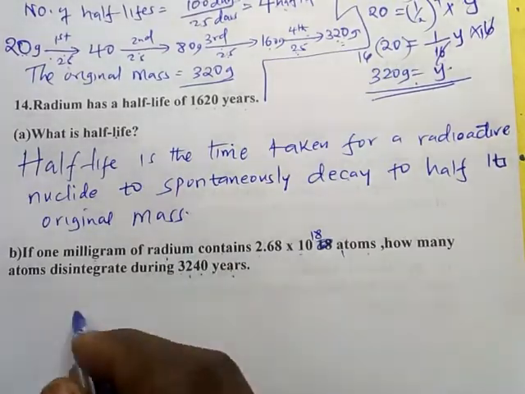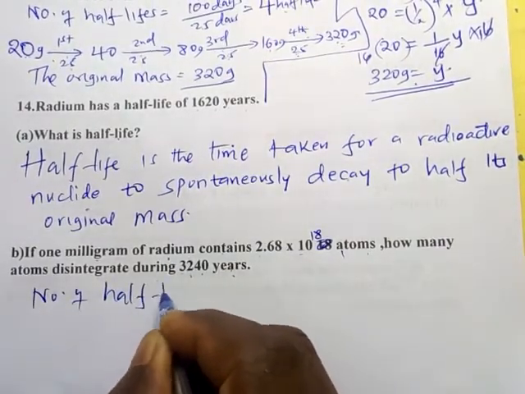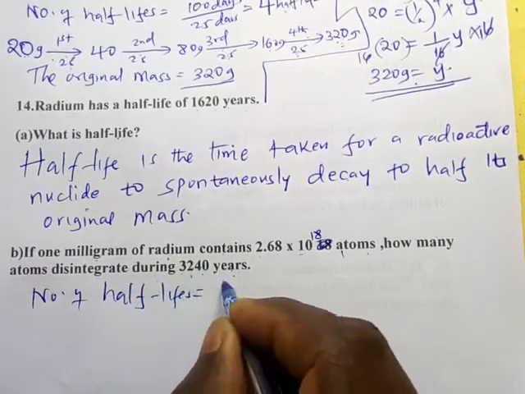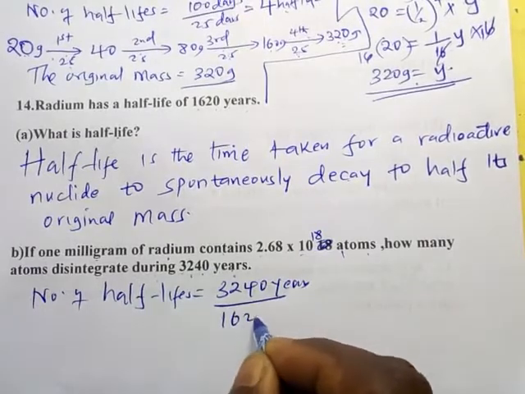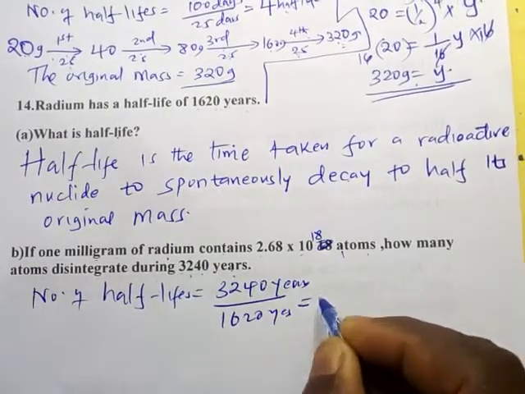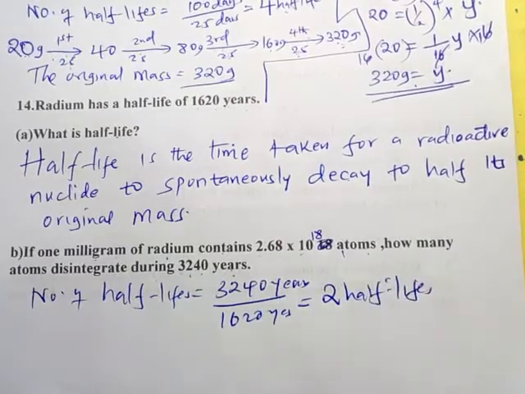Now we can get the number of half-lives, which is the total 3240 years divided by 1620 years, and that gives us 2 half-lives.